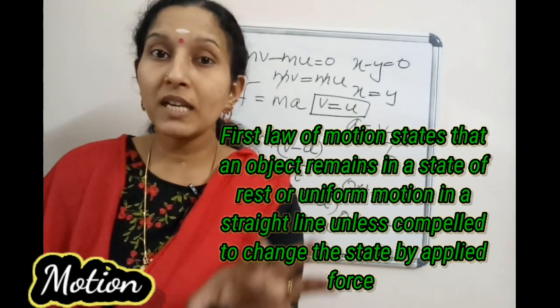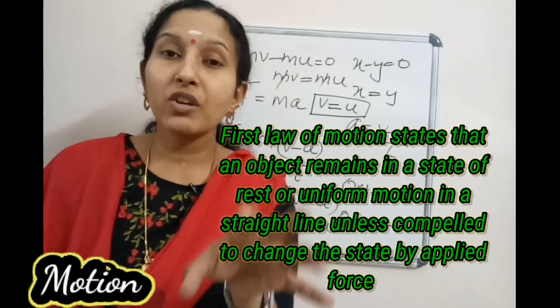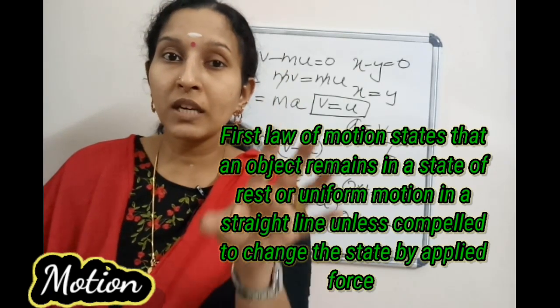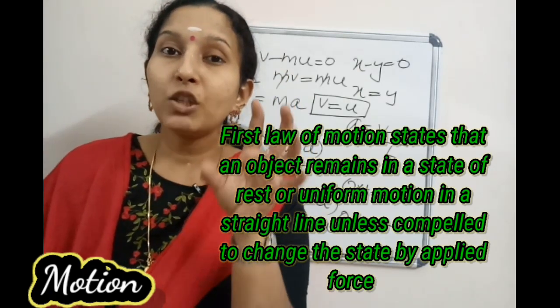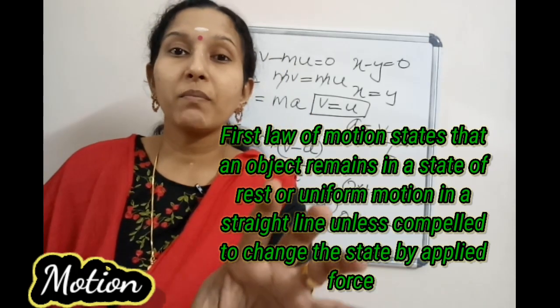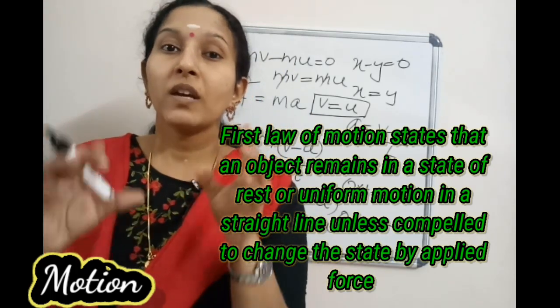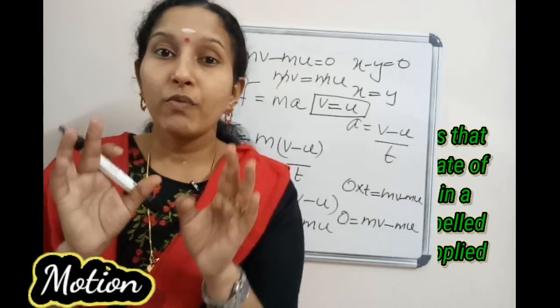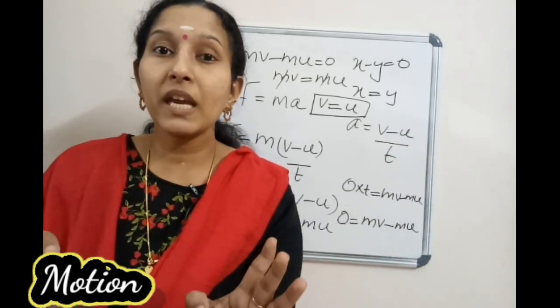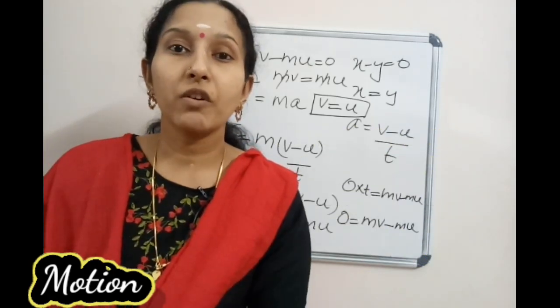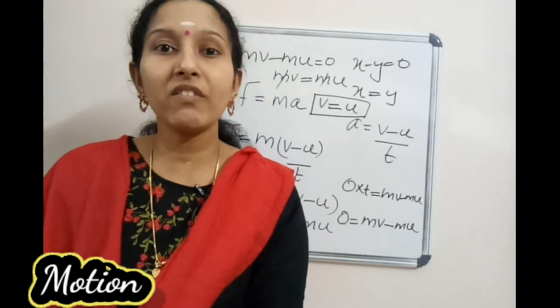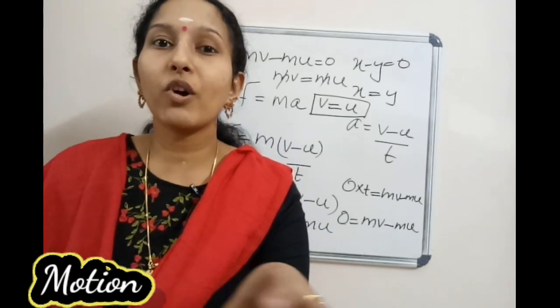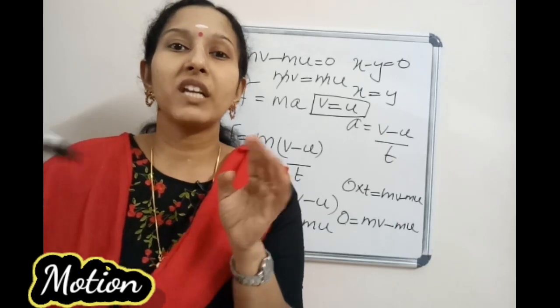So the object will continue in its state until we apply a force. When we watch TV, we have the tendency to keep watching until we switch off the TV.